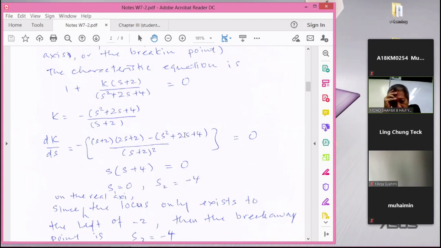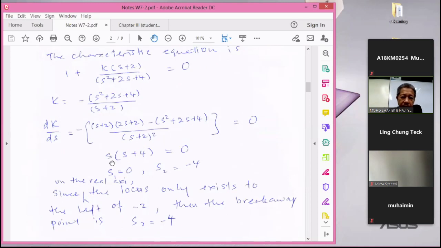How do you take the derivative of a quotient? It is called the quotient rule. So just take the derivative of this quotient. Please refer to your engineering mathematics notes, and then you can now solve for s.